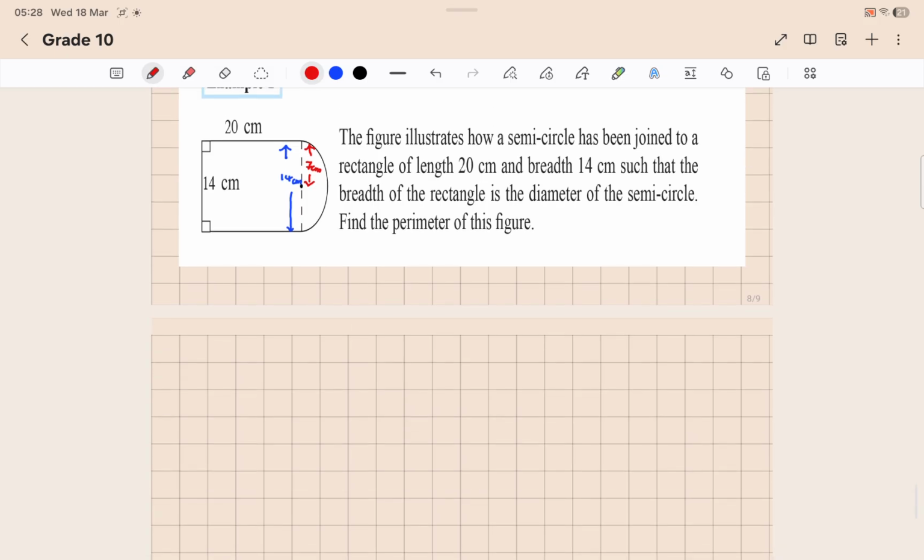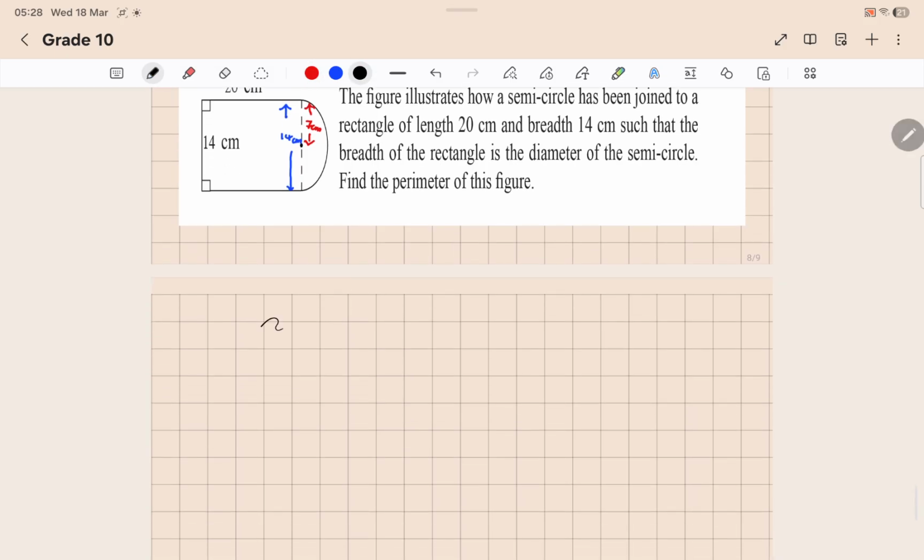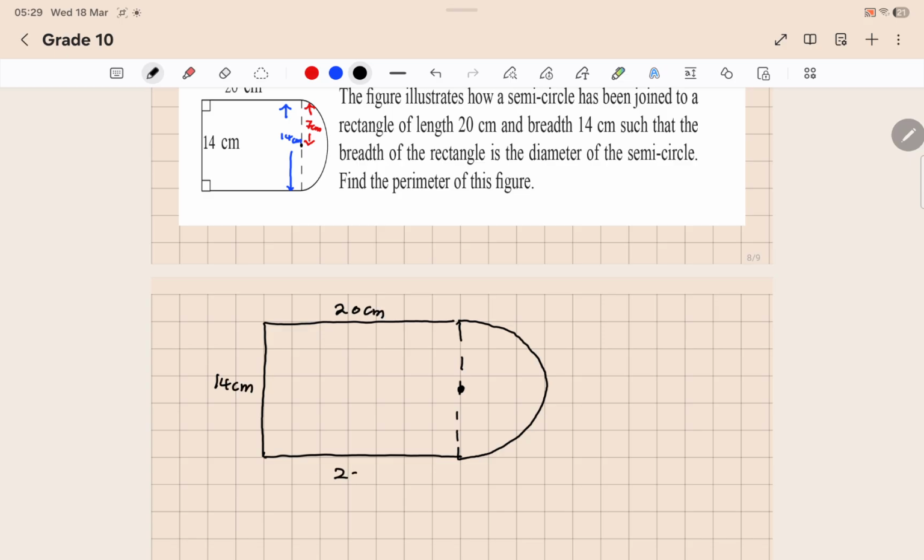So let me quickly draw the shape. This is 20 centimeters, this is 14 centimeters, then this length is also 20 centimeters, no?